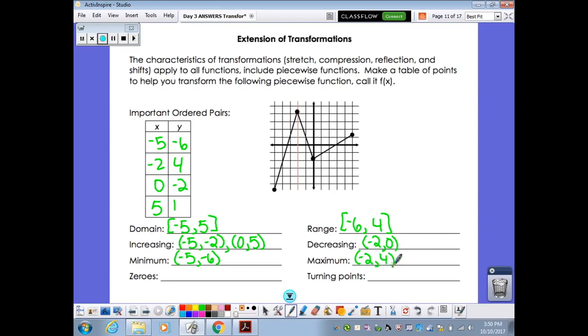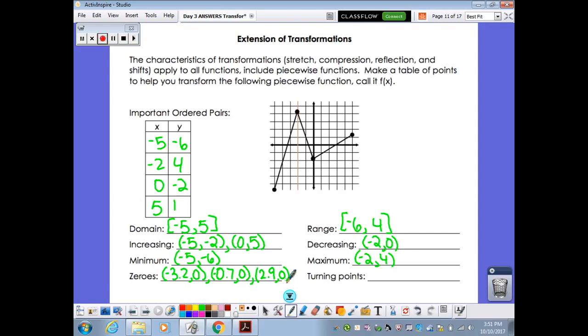Our zeros, where it crosses the x-axis, we have 3 of them. We'll say the first one is about negative 3.20. The next one is about, we'll say, negative 0.70. And the last one we'll say is about 2.90.